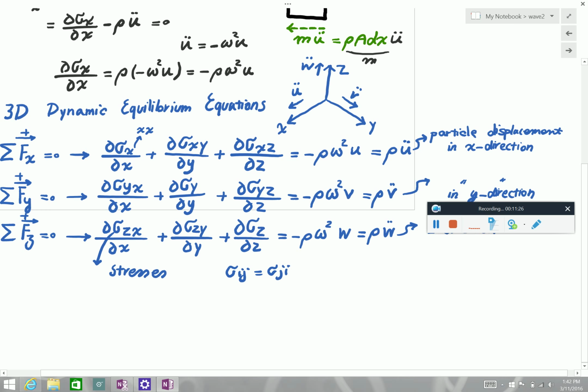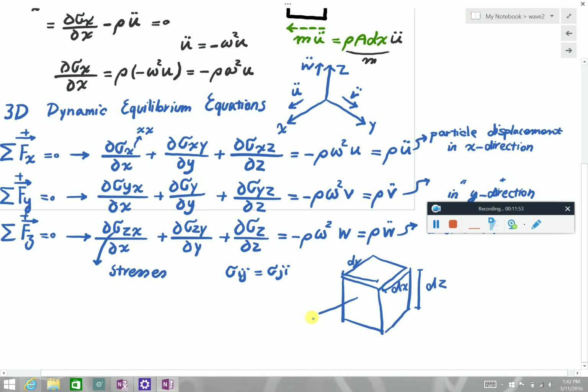Basically sigma xy is the same as sigma yx, and you can very easily visualize this cube, where the lengths are dx, dy, and dz.